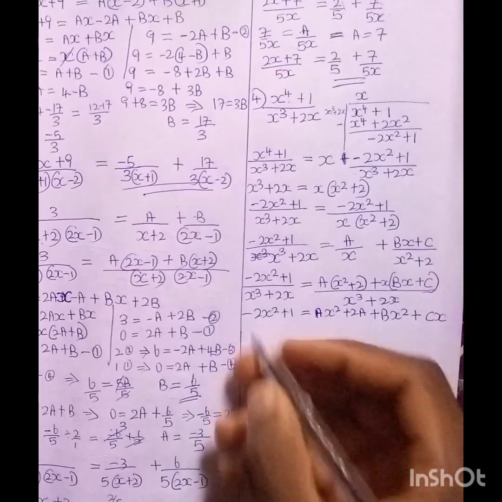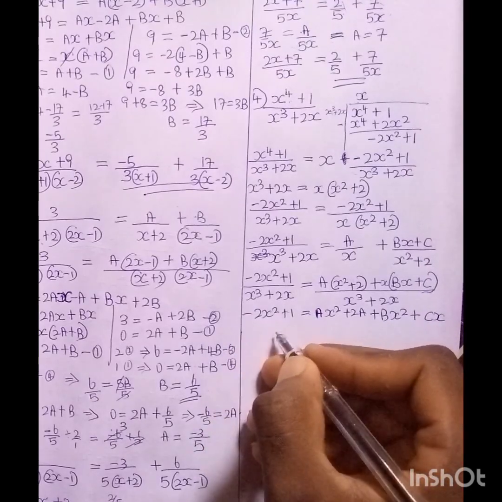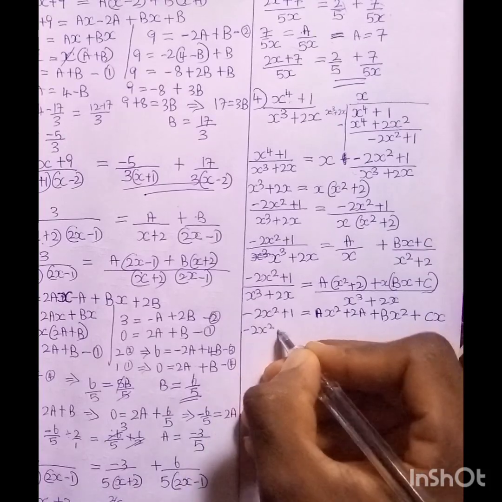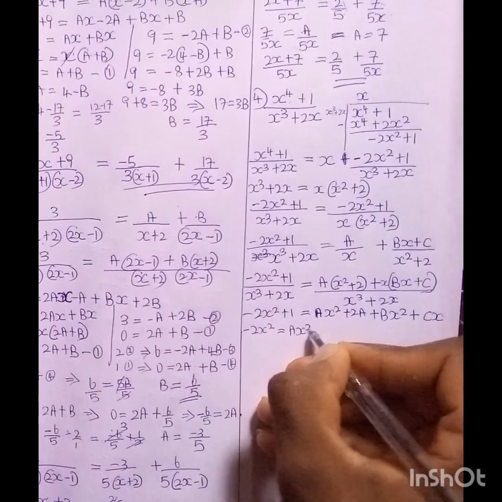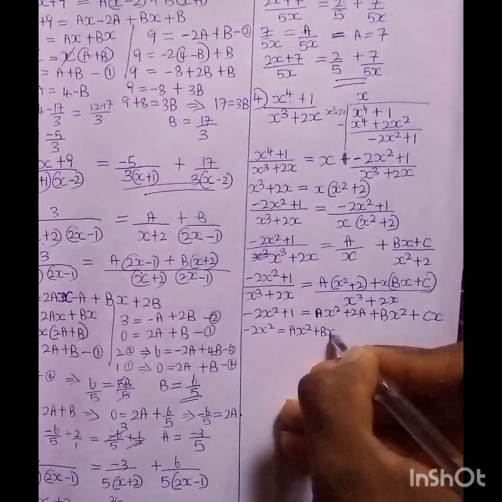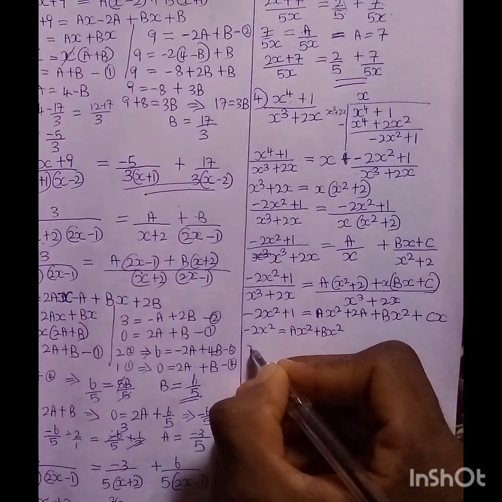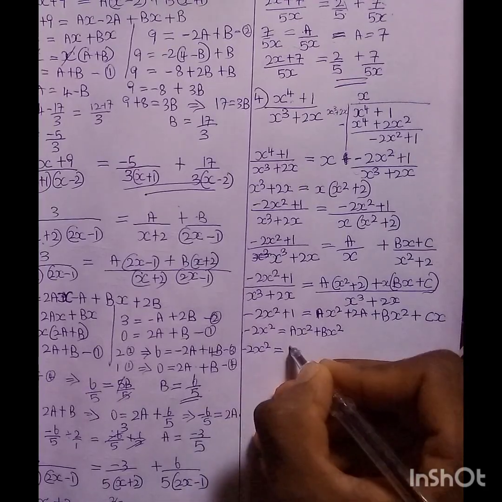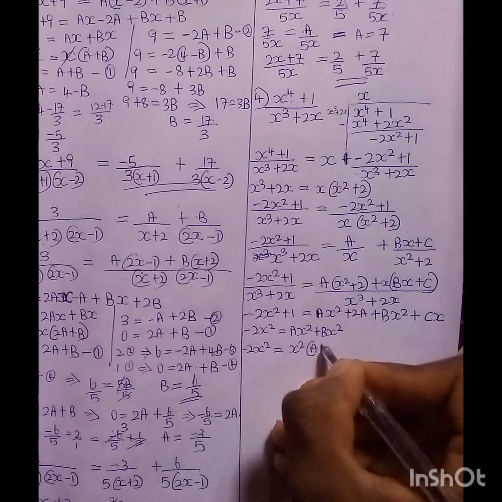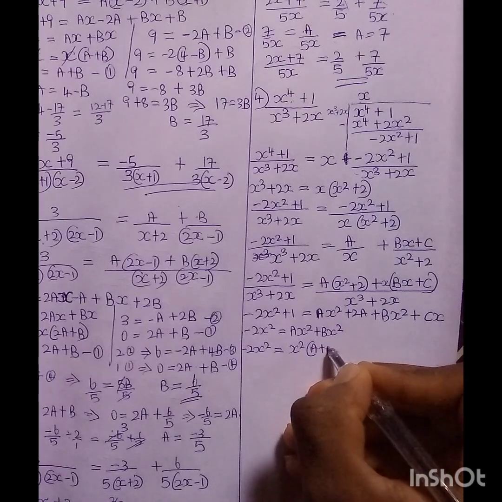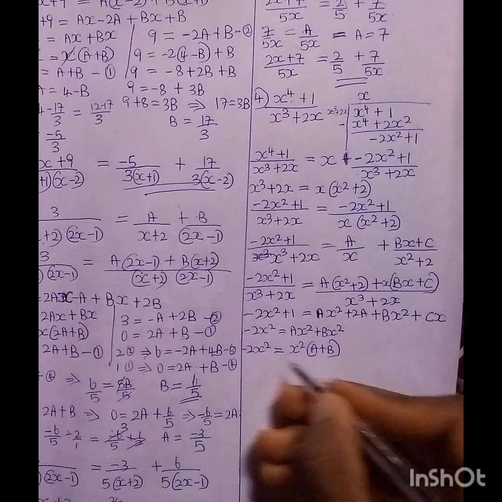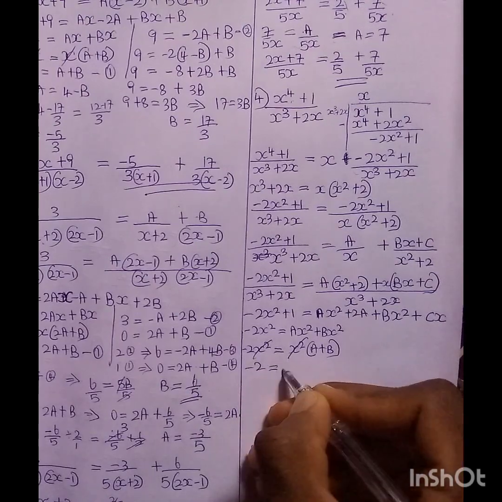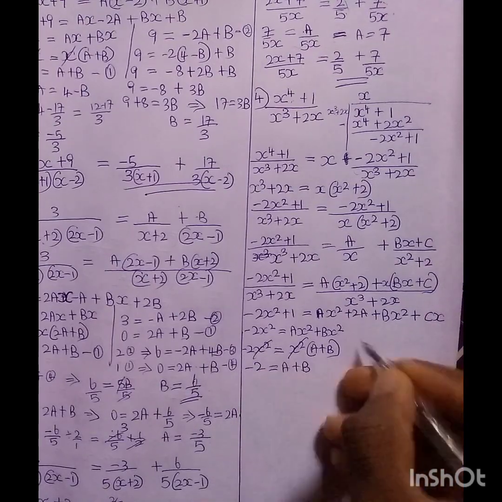So take the ones with x squared: minus 2x squared equals ax squared plus bx squared, minus 2x squared is equal to x squared times a plus b. So x squared cancels x squared, minus 2 is equal to a plus b.